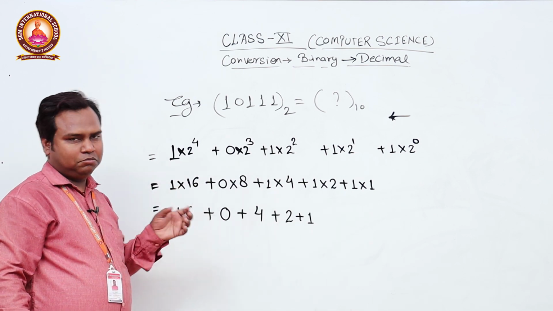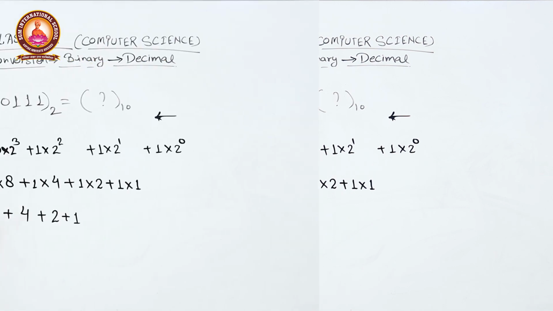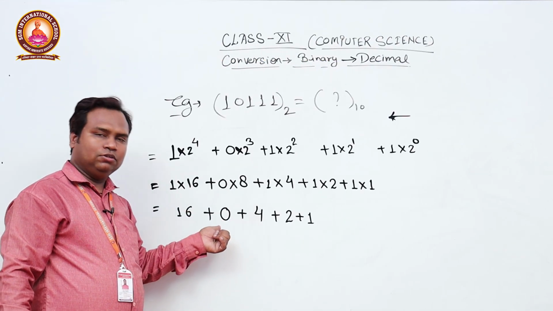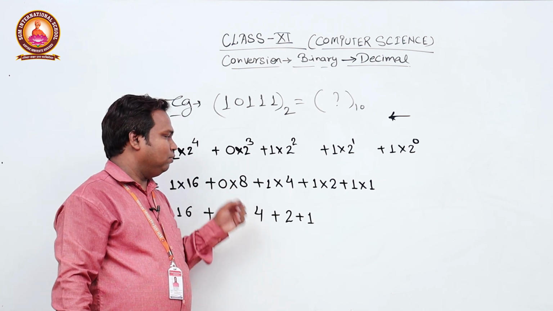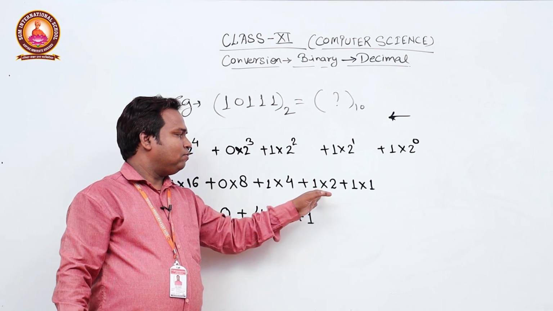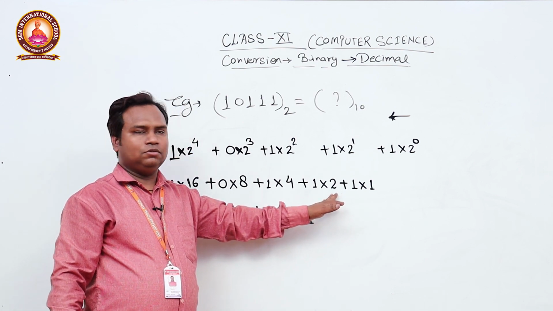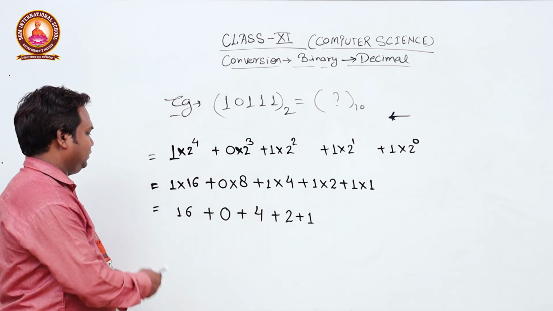Multiply these, because you have only 1 and 0 digits. 0 into 8, 0 according to the mathematics rule. 1 into 4, 4; 1 into 2, 2; 1 into 1, 1.